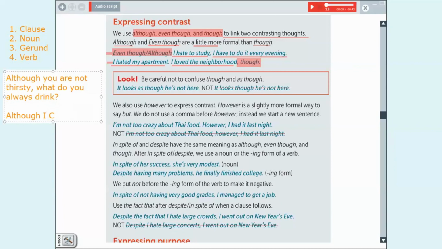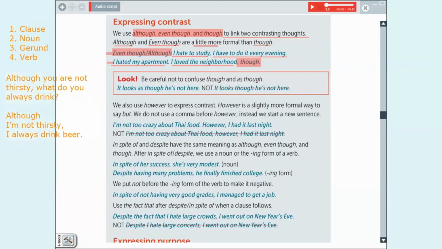Although I'm not thirsty, I always drink beer. Perfect. We are contrasting, not being thirsty and still doing this action. This is, as I mentioned previously, with although. You can emphasize with even though, or you can say it in the end. I'm not thirsty. I always drink beer, though. That would be the way.